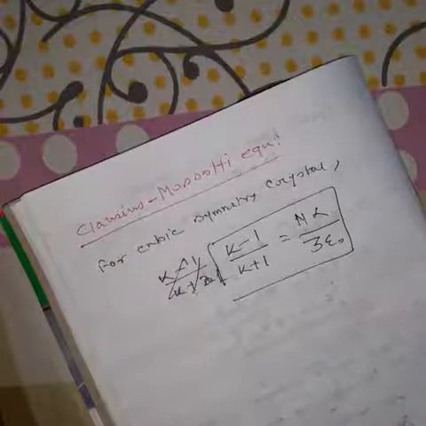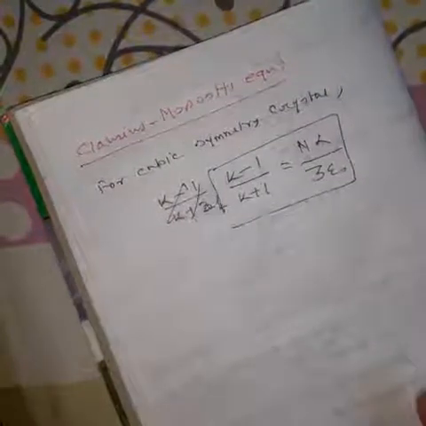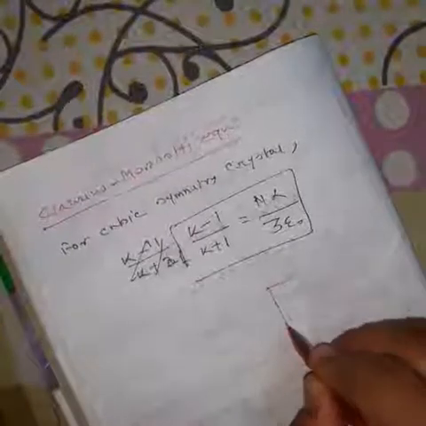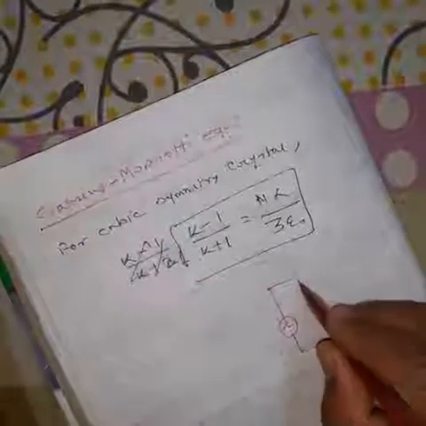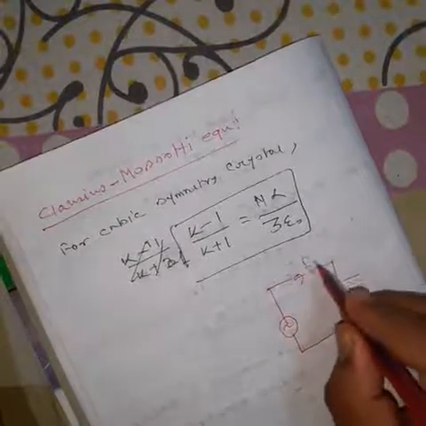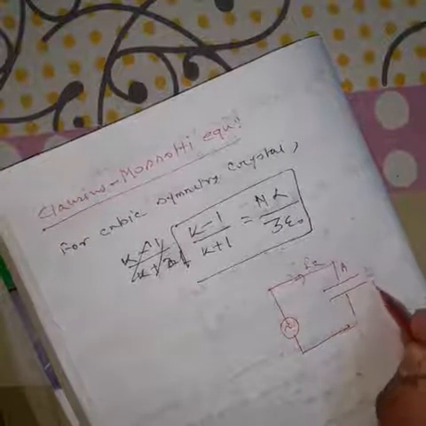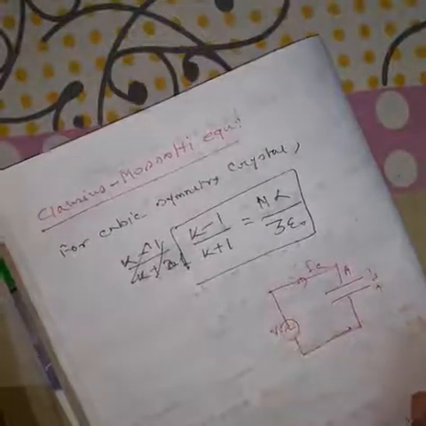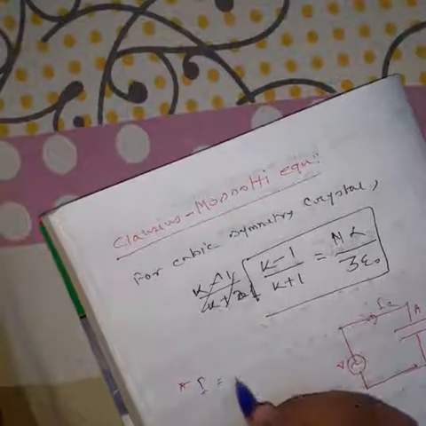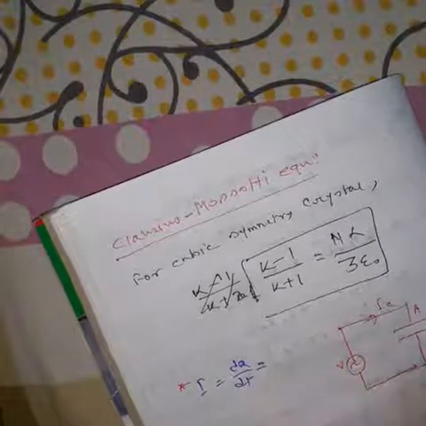But before I finish, let me give you some idea about the displacement current, which I have not given you. Let us say I have a circuit where only a capacitor is connected, and a current is flowing. The area is A, the distance between the plates is D, and the voltage is V. The current I equals dQ/dt.